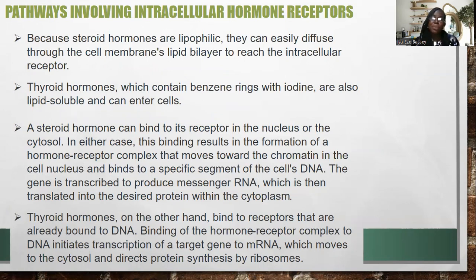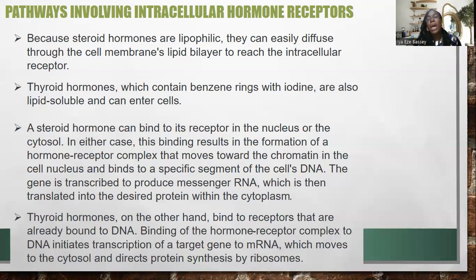First of all, like I've said before, because the steroid hormones are lipophilic, they can easily diffuse through the lipid layer of the cell membrane to reach their intracellular receptors located in the cytoplasm and in the nucleus. All right. And we have said, and I reiterate, that hormones that can do this include your steroid hormones and also your thyroid hormones, because they have benzene rings with iodine, which are also lipid soluble and therefore can enter cells.